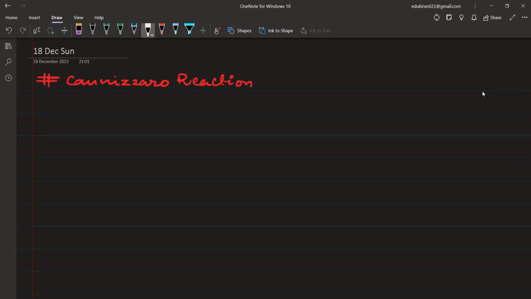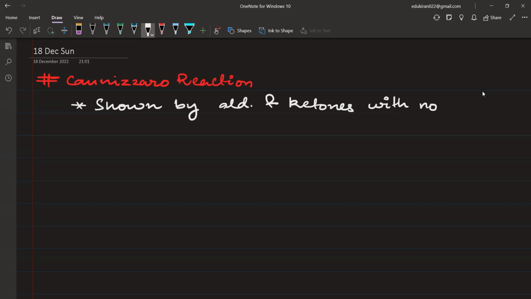Cannizzaro reaction is shown by those aldehydes and ketones which do not have any alpha hydrogen.